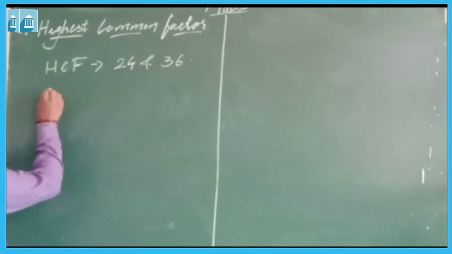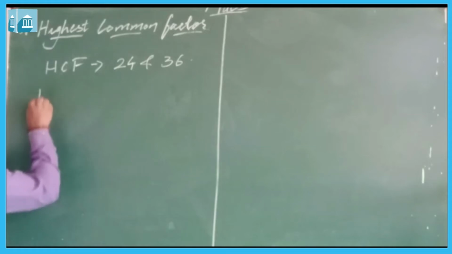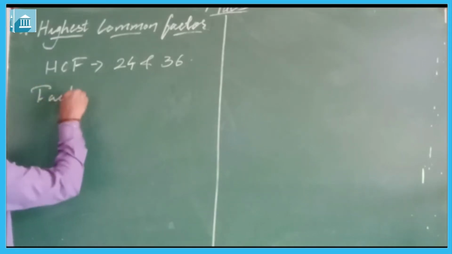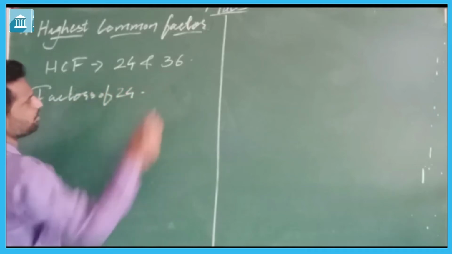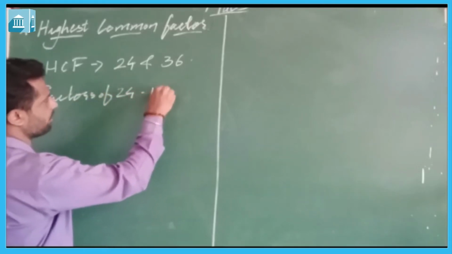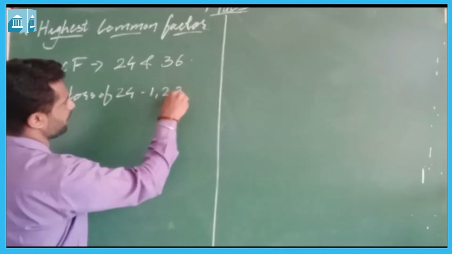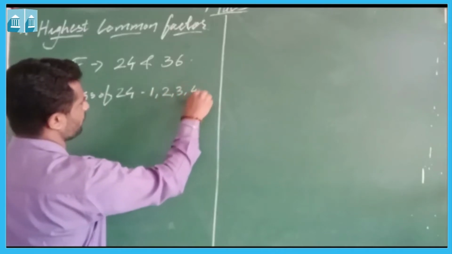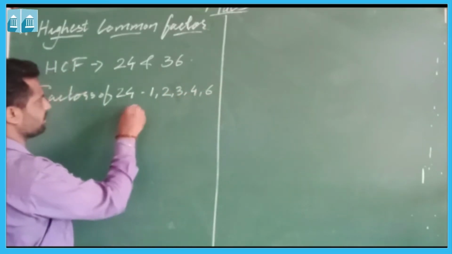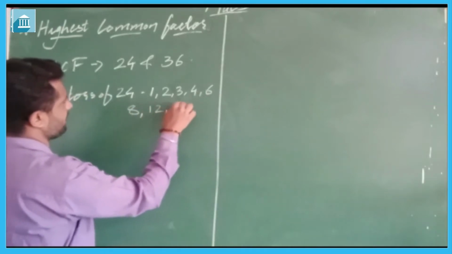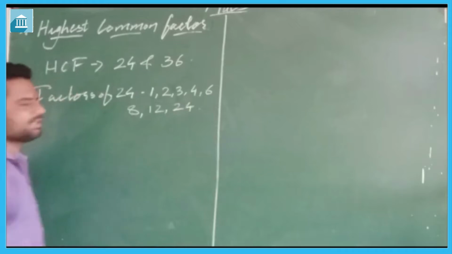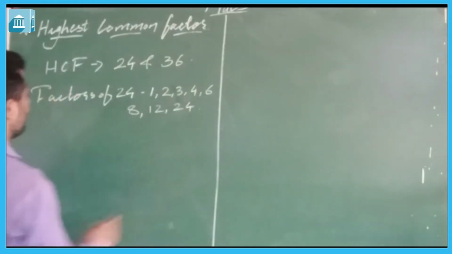Let us do the first method, that is by finding the factors. So factors of 24 first we need to find out, that is 1, 2, 3, 4, 6, 8, 12 and 24. These are the factors of 24.